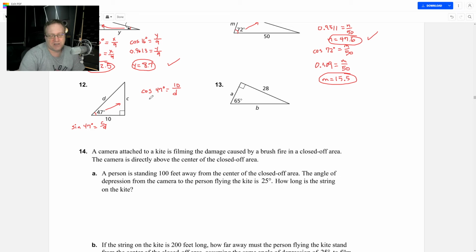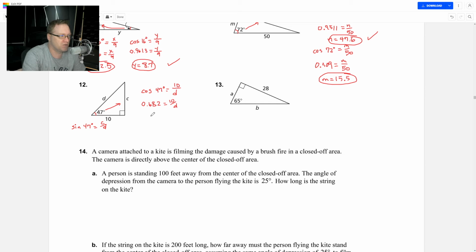So let's solve this. We first need to use our calculator to find the cosine of 47. So cosine of 47 equals 0.68199, which is 0.682. And that is going to equal 10 over d. Now, if we want to solve for d, we need to move the d over here and move the 0.682 underneath.